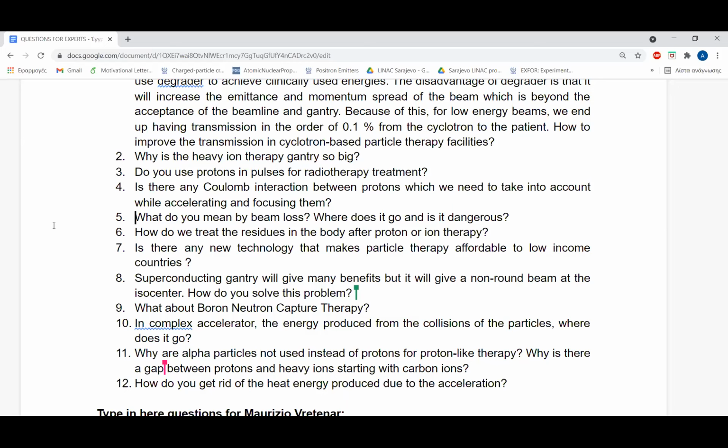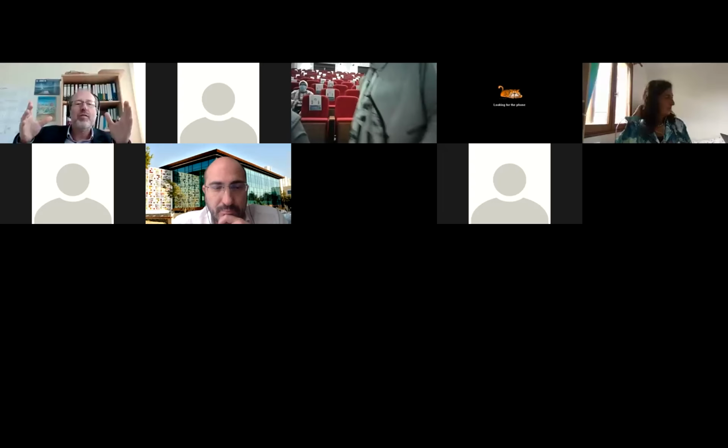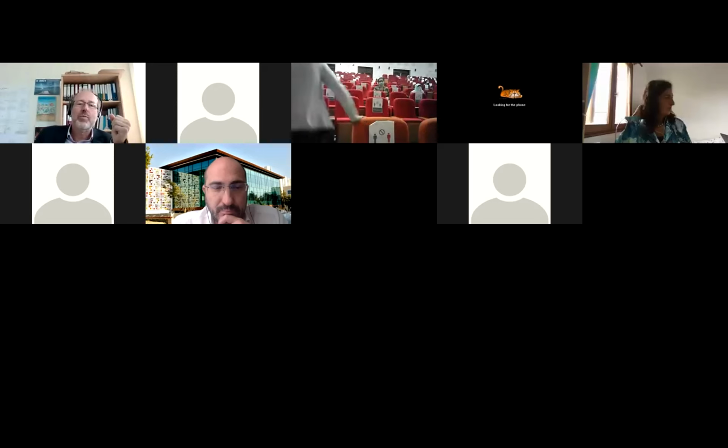How do you get rid of the heat energy produced due to the acceleration? Very good question. When I give lectures on accelerators, I tell people that from the energy point of view, an accelerator is like a big water heater. Most of the energy, 90%, even 95% of the energy of an accelerator goes to heating water, and only a little bit goes to the beam.